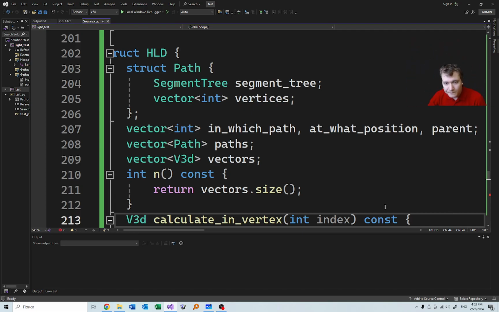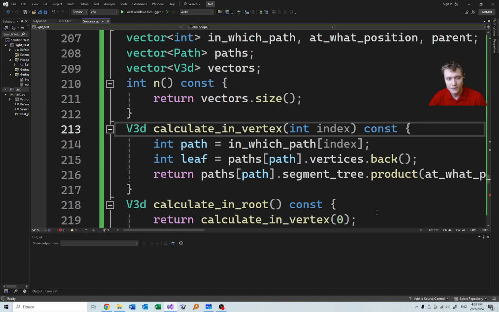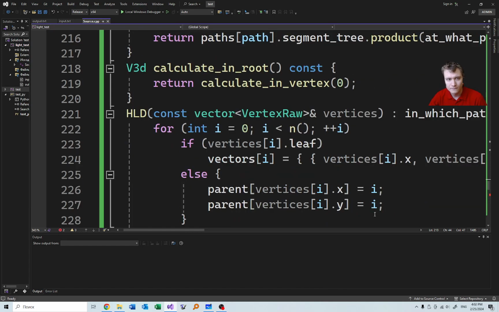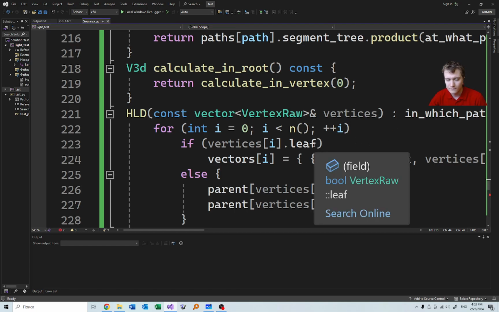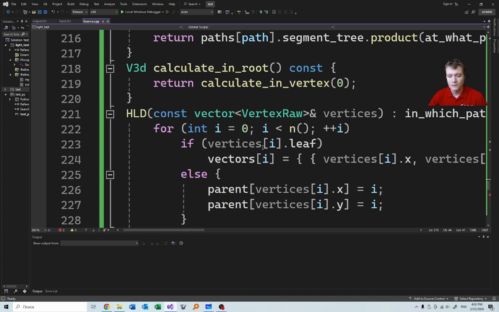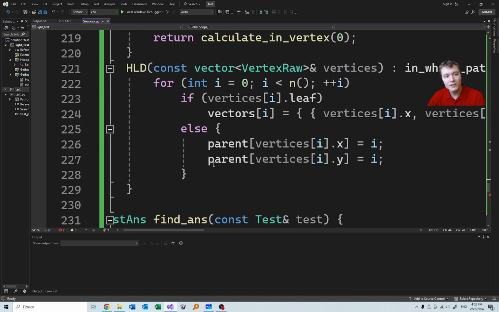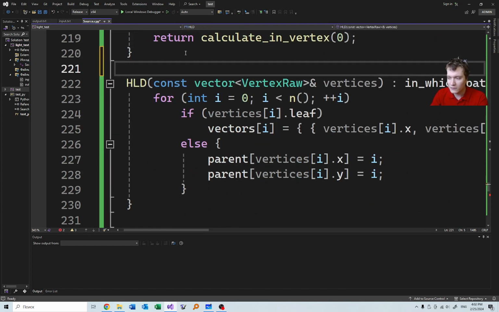Let's continue. So I think we will need the following. First, we'll need to calculate the sizes of all subtrees.